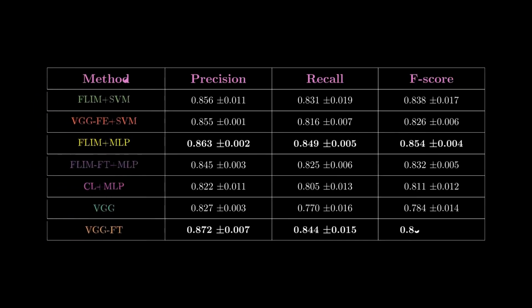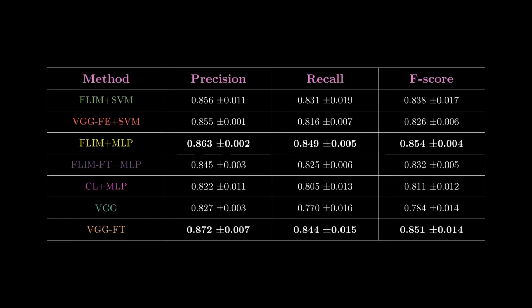Results using precision, recall and F-score can be seen here. Note that the feature structure learned with FLIM with an MLP classifier was technically tied with the VGG fine-tuned with the weights from ImageNet. But note that VGG is a much more complex network with many more parameters and trained with a much larger number of images.